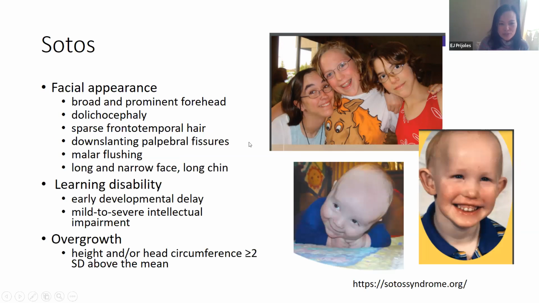People with Sotos syndrome can have sparseness in the frontotemporal areas, down-slanting palpebral fissures that you see in this little guy, malar flushing, and a long and narrow face with a long chin, which you may see more as the children get older. Individuals can have normal learning, but what's often typical is some history of early developmental delay or mild to severe intellectual impairment.